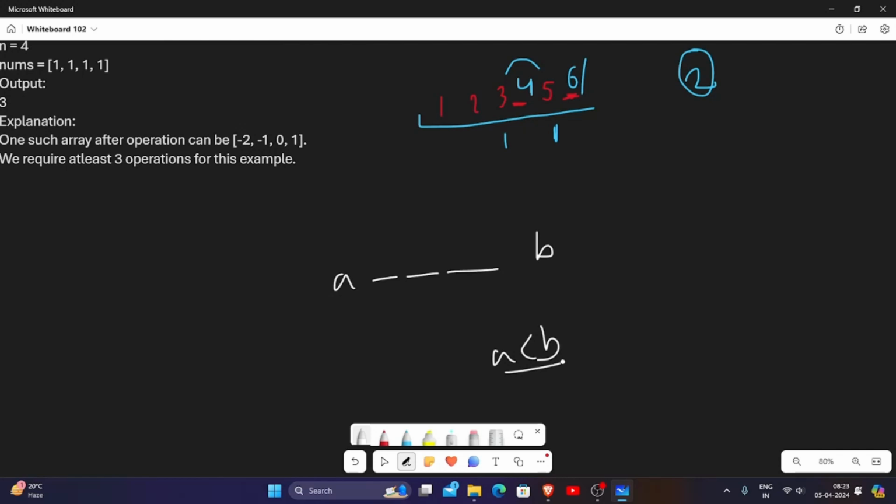It has to be strictly increasing. Okay, but then there are three values in between. So if I have this a and b in my subsequence, these would be fixed bounds.